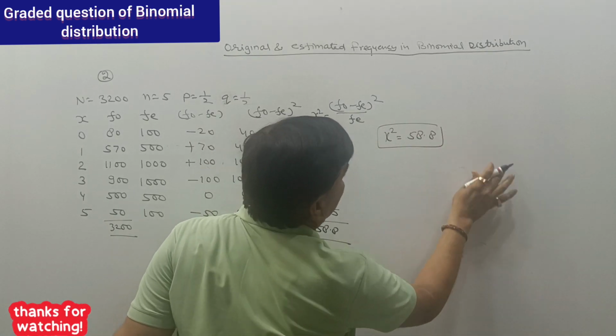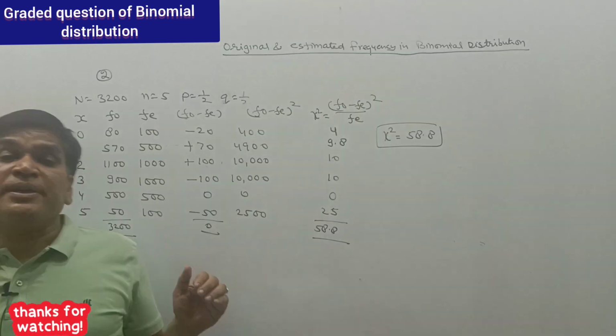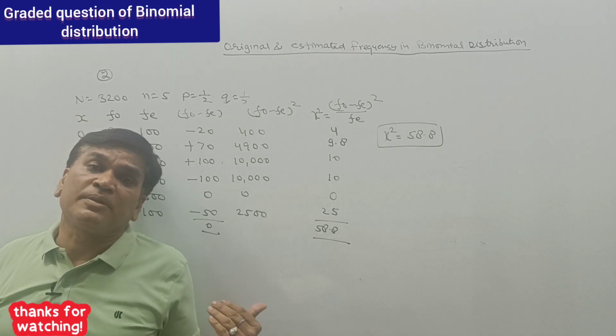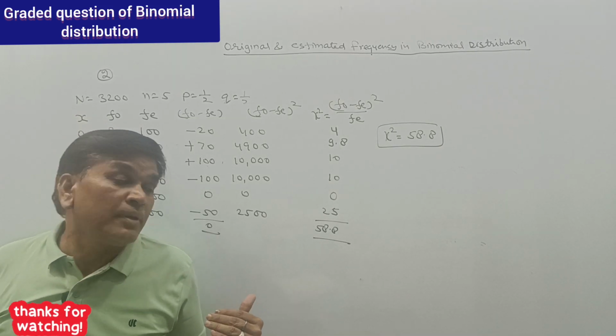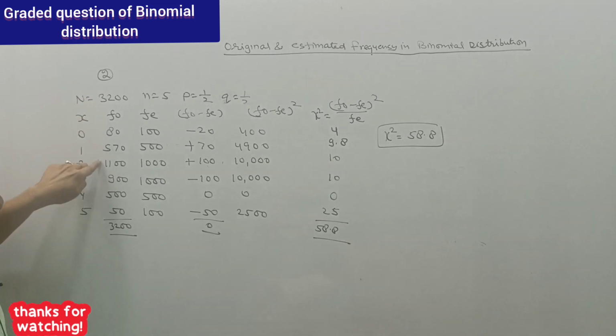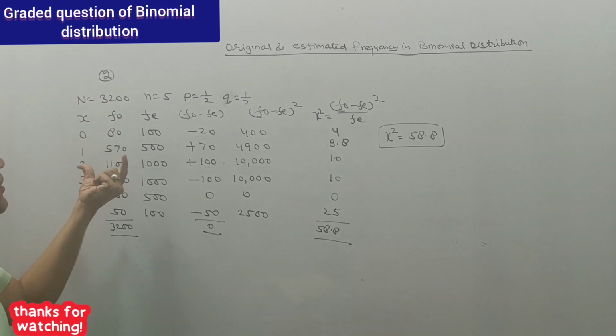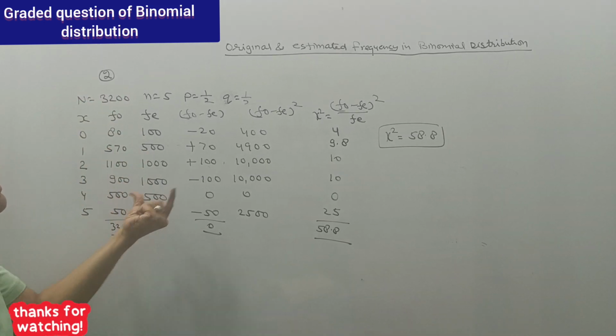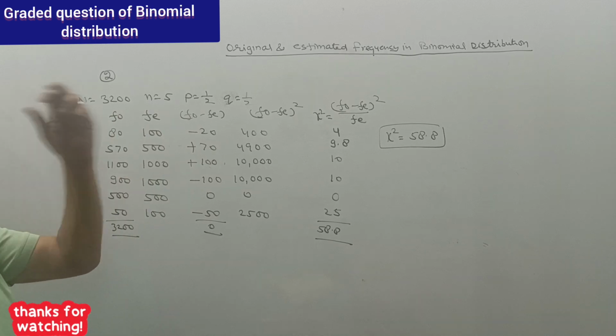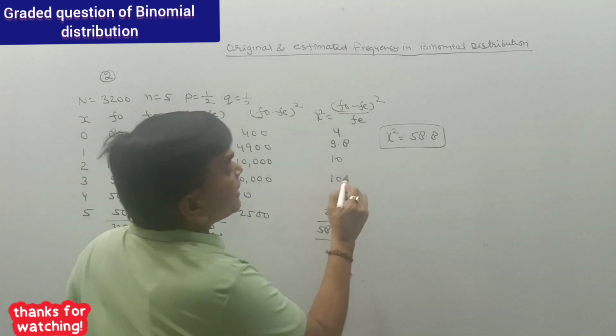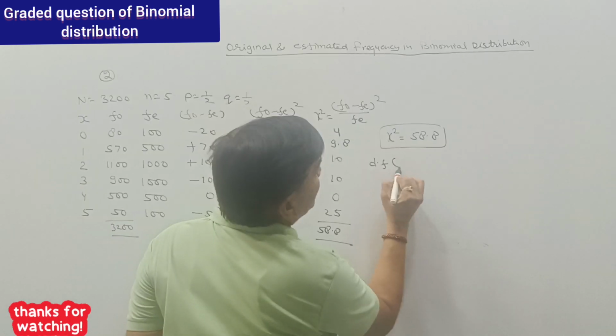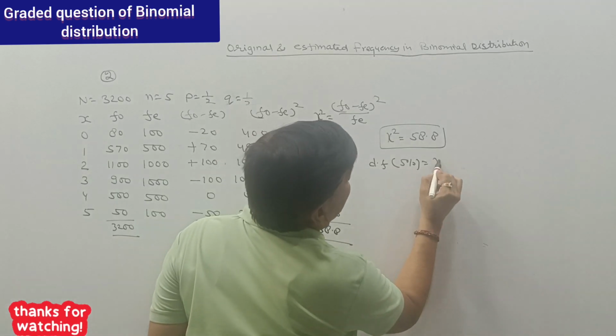Now we will calculate whether the coin is biased or not. This is the original frequency, this is the estimated frequency, and we are seeing the difference between them. The value of chi-square is 58.8, and the degree of freedom at the 5% level is n minus 1.